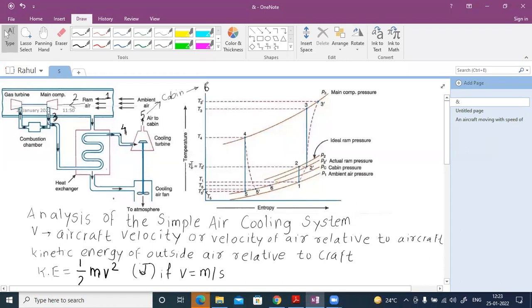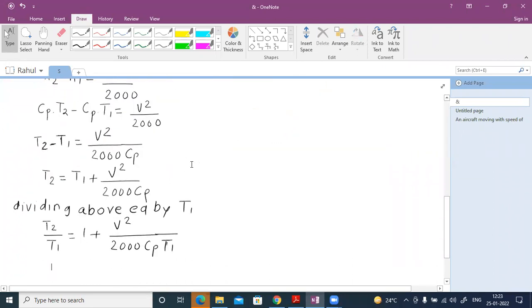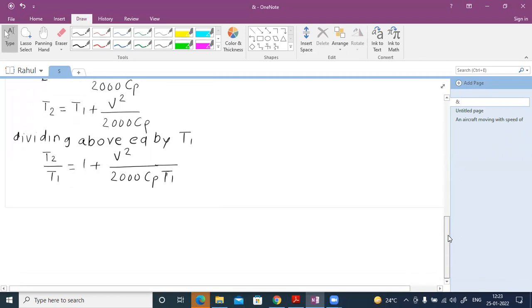So instead of T2, you can write T2 dash. So T2 dash by T1 is given by 1 plus V square divided by 2000 Cp into T1. I'm simply replacing T2 by T2 dash, so whether it is T2 by T1 or T2 dash by T1, it is one and the same.